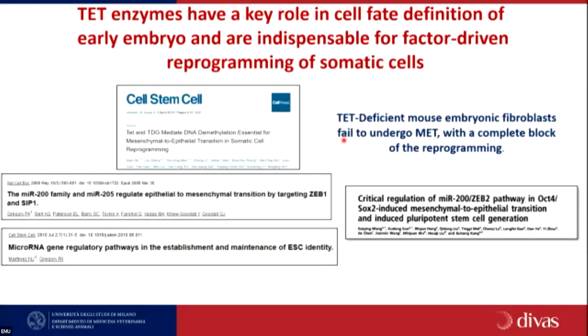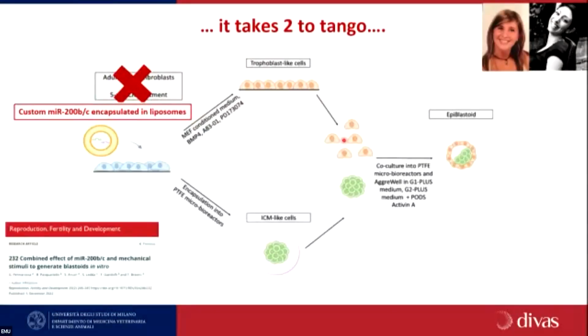So you can bypass the fact that the fibroblast is not expressing endogenous TETs. And interestingly enough, the TET downstream miRNAs are miR-200b and c, which are the same miRNAs that we were actually seeing in rejuvenation, and Sharon told you about.